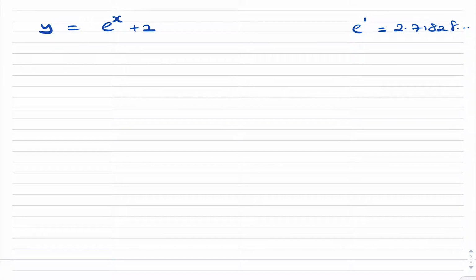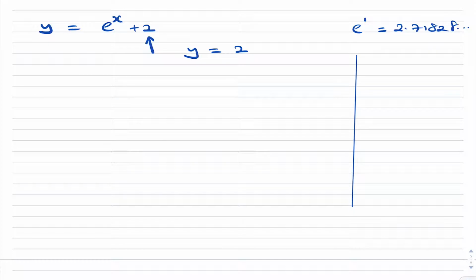It's a constant number, and therefore we can use that number, but we just represent it by e. So the line of asymptote in this case is y equals 2. If it's minus, it will be minus 2. So the graph will look like this, again a quick sketch.